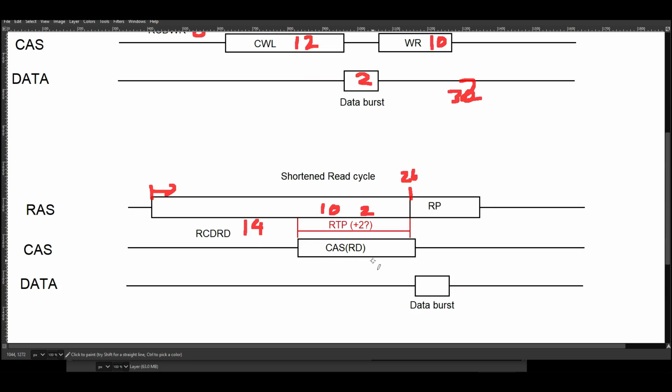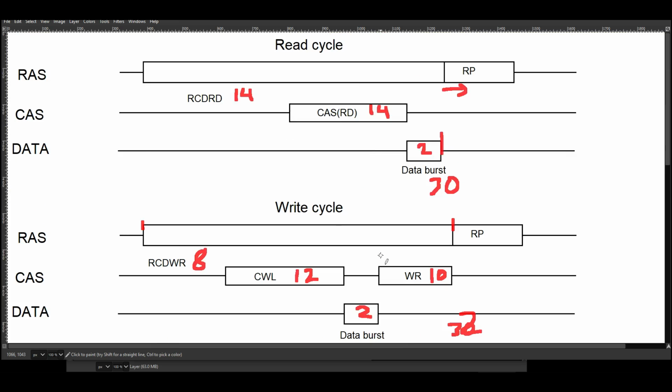One thing to keep in mind is that, as I mentioned before, the RAS, the time between selecting the word line and starting the pre-charge, is variable depending on the length of our burst. So if we had a burst that's 4 clocks long, then we'd potentially increase the delay of the RAS.